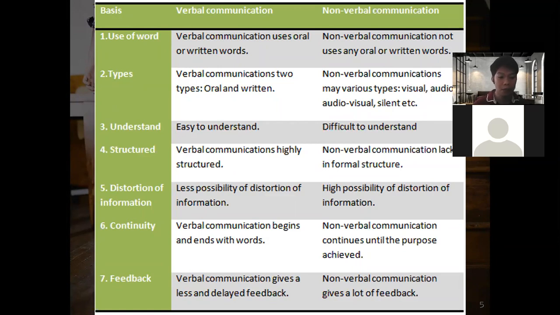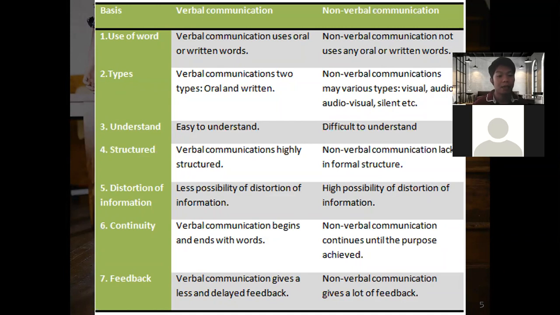In terms of continuity, verbal communication begins and ends with words. But nonverbal continues until the purpose is achieved. This is because the person who will try to decipher your message when it comes to using nonverbal communication will really try to think on how to decode the message.